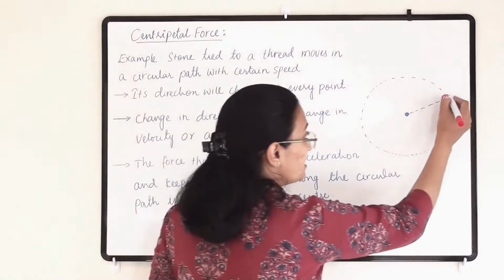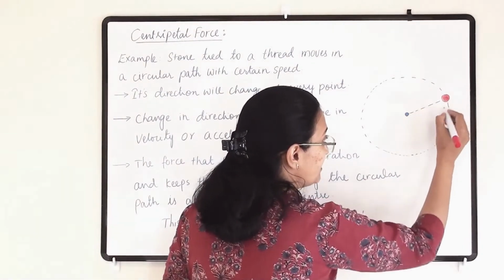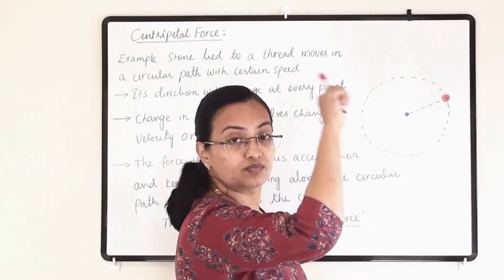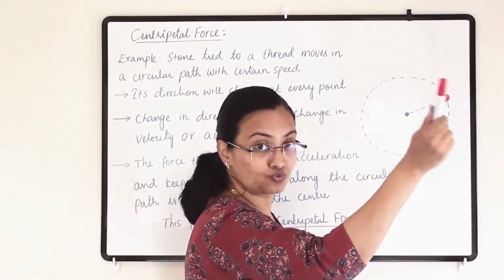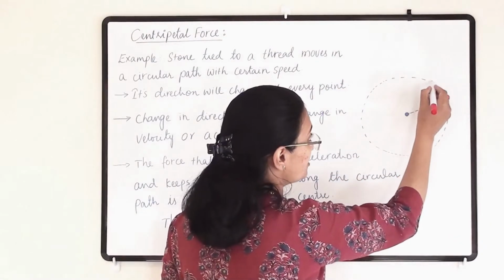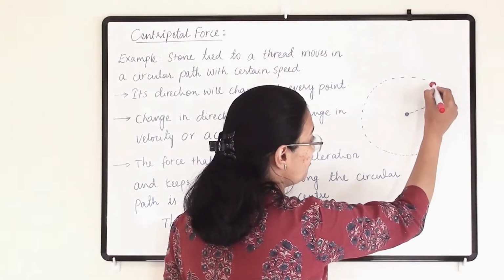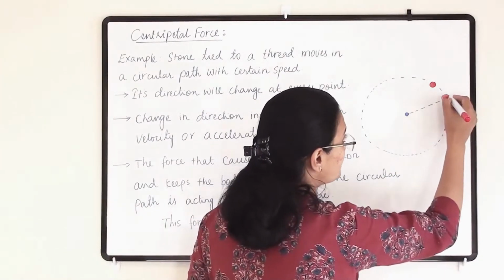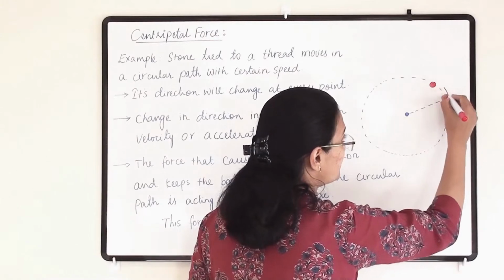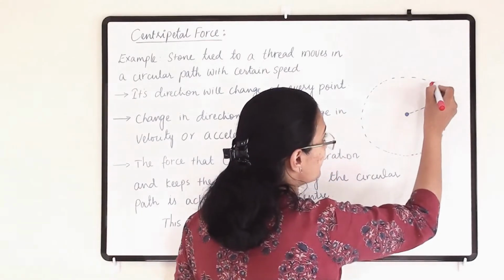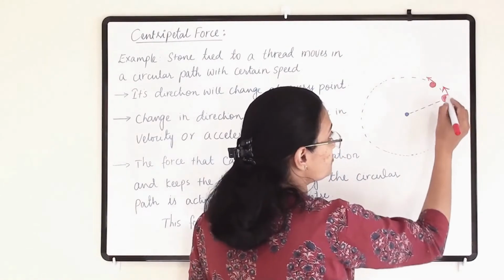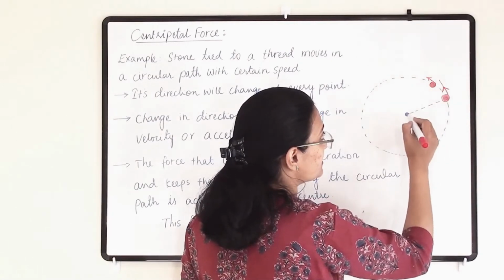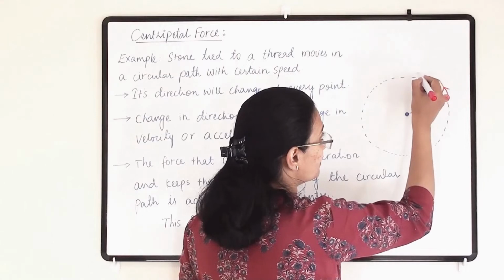Now here the stone is there. Once it reaches here, as we give a circular motion to the stone, as we have studied in chapters 8 and 9, here its direction is towards this side, whereas here its direction will be over here.